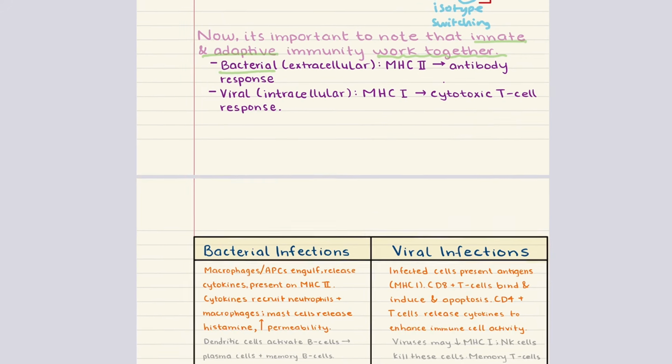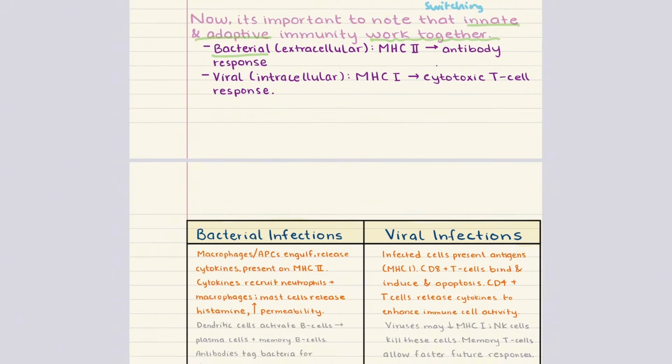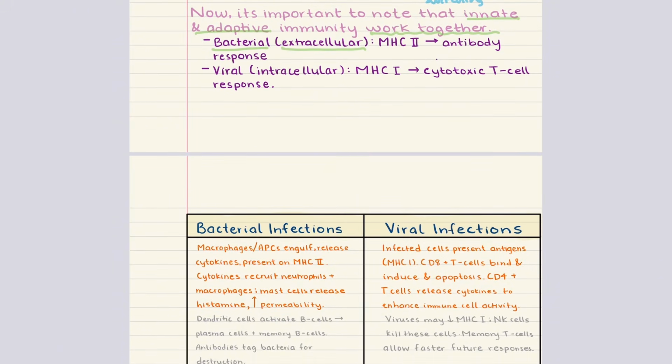So let's actually start with bacterial infections, which typically involve extracellular pathogens. When bacteria enter the body, macrophages and other antigen-presenting cells are going to engulf them through phagocytosis. The bacterial proteins are then processed and presented on MHC class II molecules.